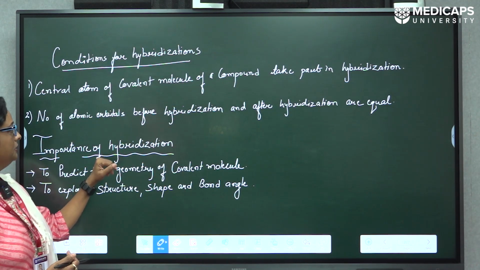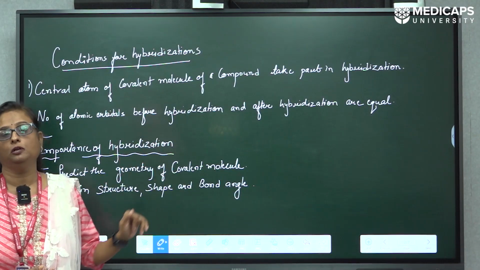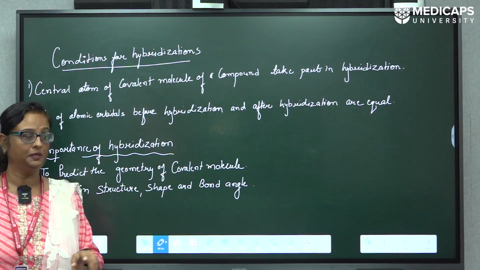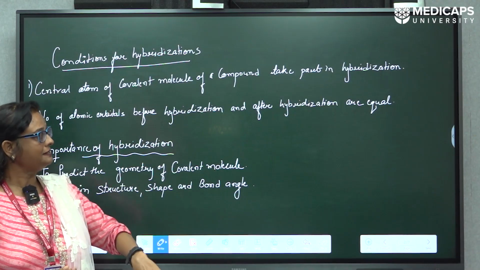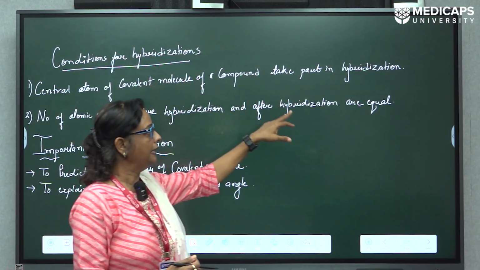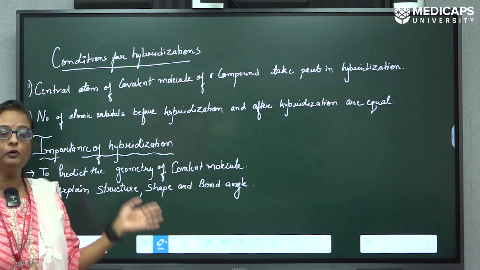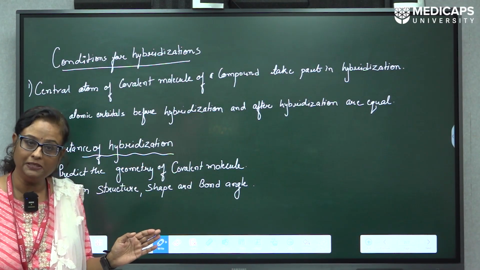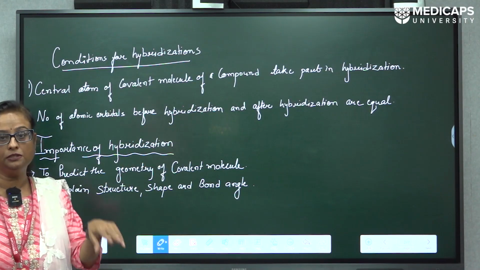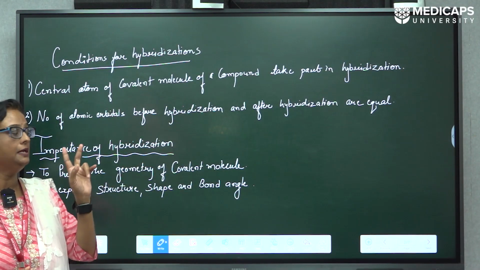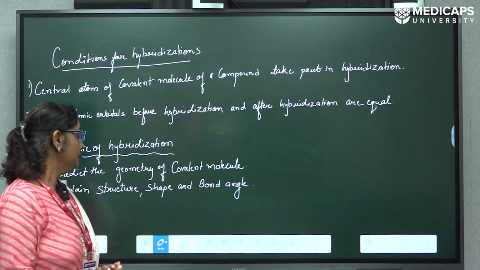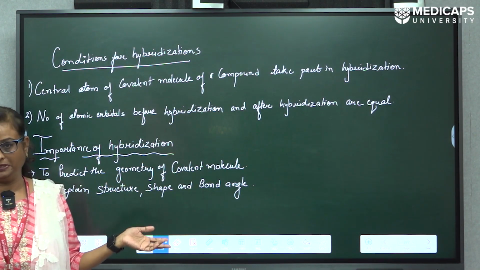And another condition, the number of atomic orbitals which participate in hybridization is always equal to the number of new hybridized orbitals. So we can say that before hybridization, the atomic orbitals, and after hybridization, the new orbitals, the number should be the same.